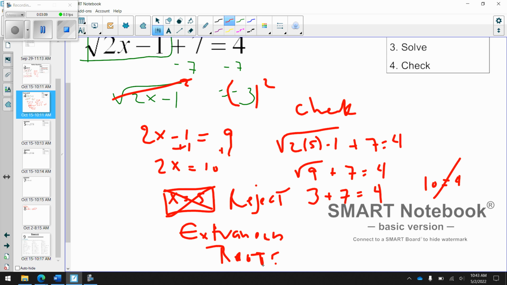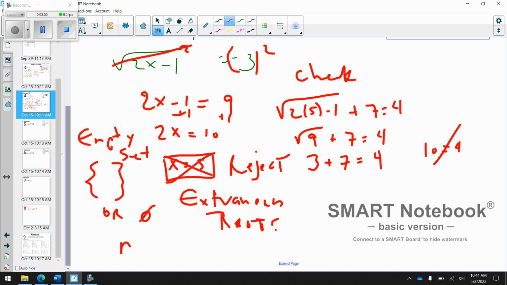So since I don't have an answer, I'm going to draw a set of empty brackets or a 0 with a slash through it. So this is called the empty set. And this one is called the null set.